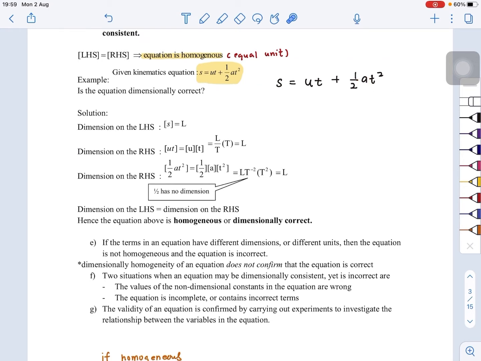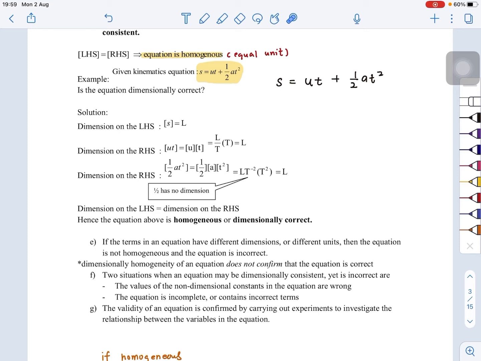So in order for us to see whether it is homogeneous or not, so maksudnya unit dekat sini mesti sama dengan unit dekat sini, mesti sama dengan unit dekat sini. Okay, sebab dia adalah simbol tambah kan. So kita assume this one as one quantity, and then one quantity.